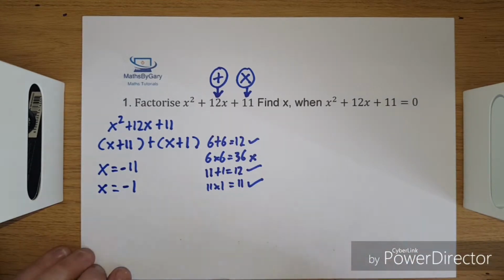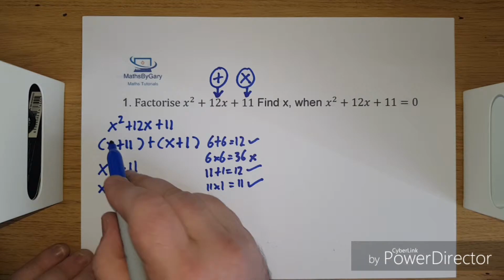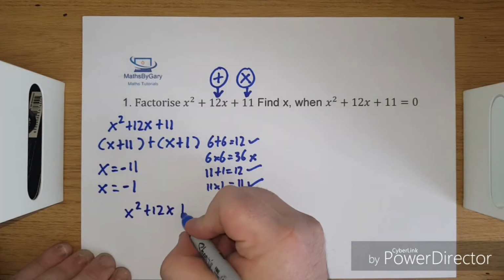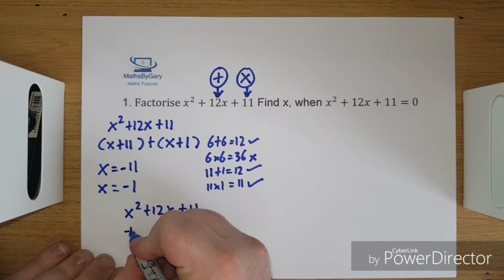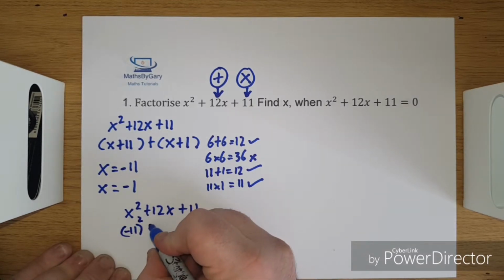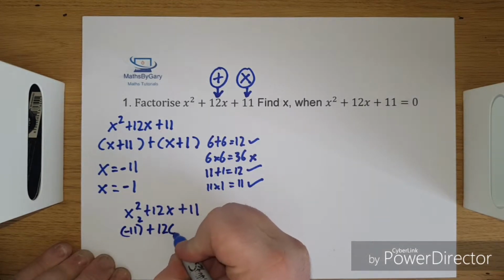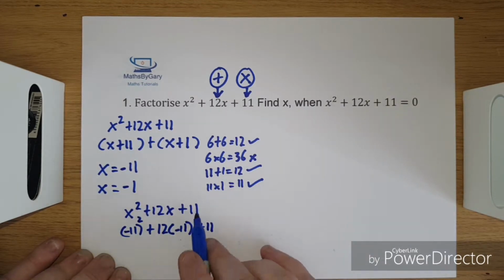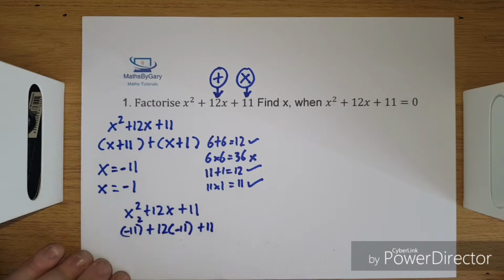So we can check that by first of all placing minus 11 into x squared plus 12x plus 11. So minus 11 squared plus 12 times minus 11 plus 11. Now we want this to equal 0. Minus 11 squared is 11 times 11, which is 121.